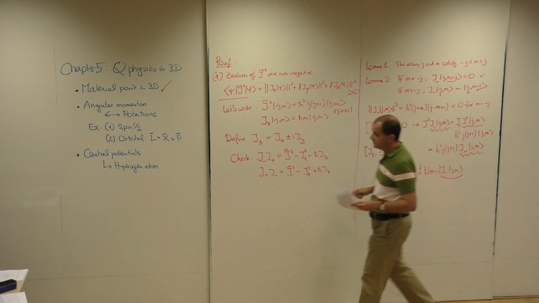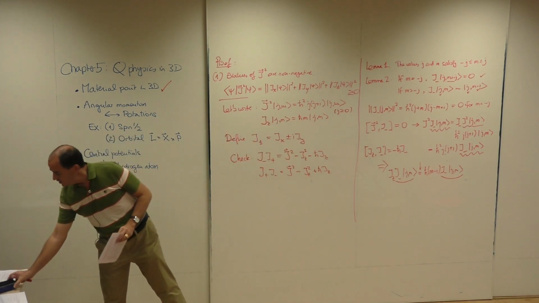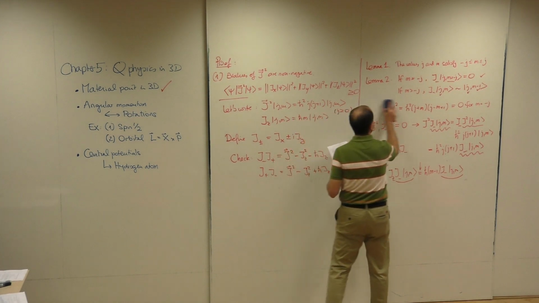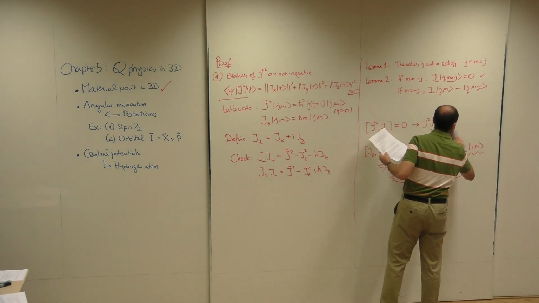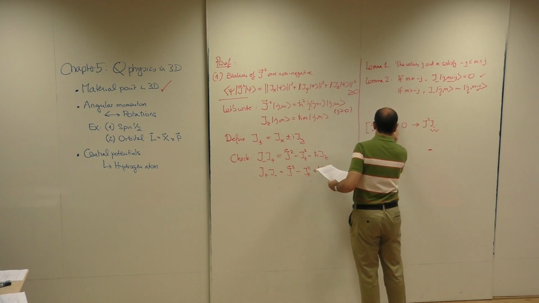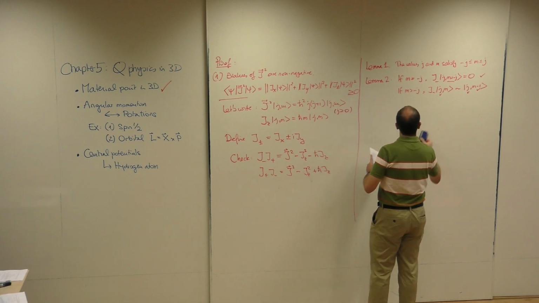Good, so we've done that. Then we have the third lemma, which is, of course, exactly the opposite with J plus, and I will not bother proving it. It's absolutely the same type of algebra. We have seen it already many times, and it's just boring.